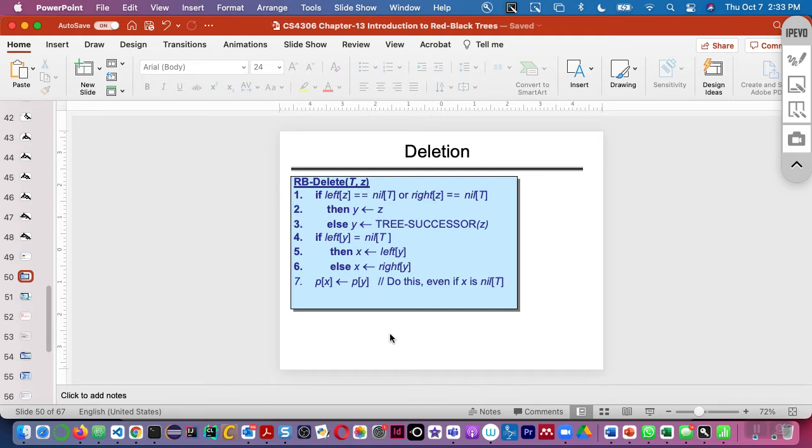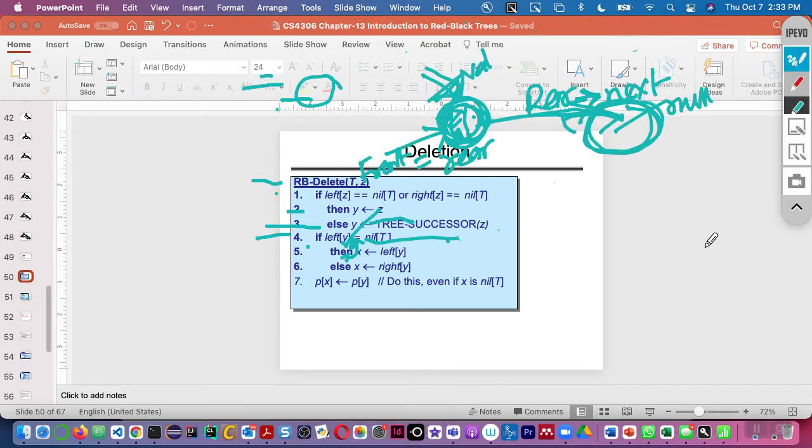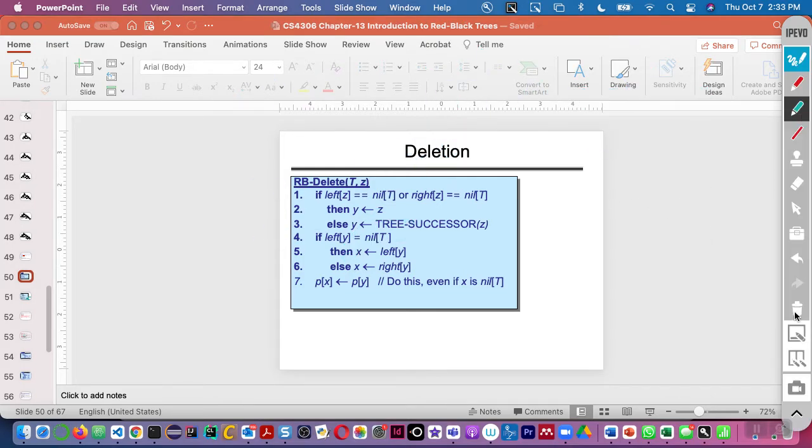So we know that a red black tree is a BST. Before we understand the deletion of a red black tree, we need to remember the deletion process of a BST.